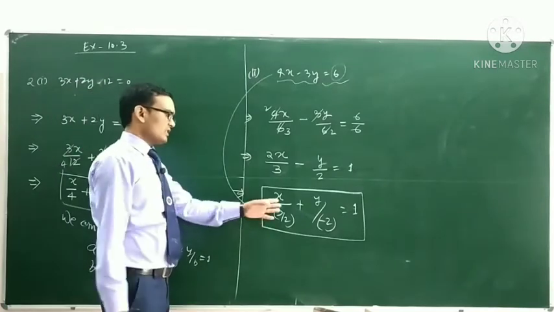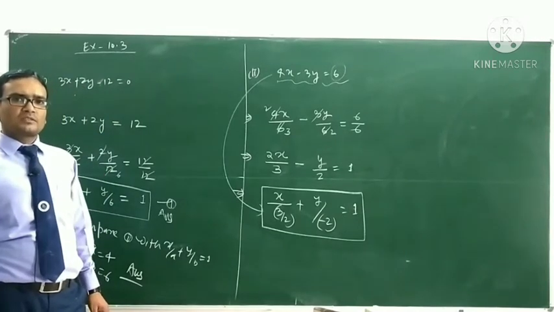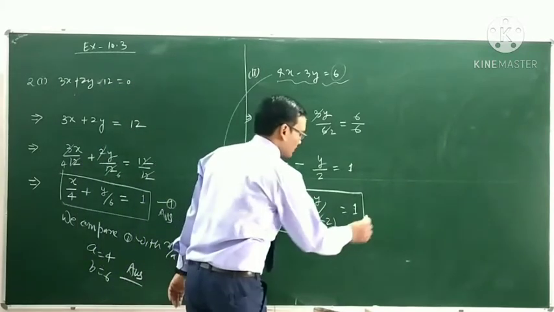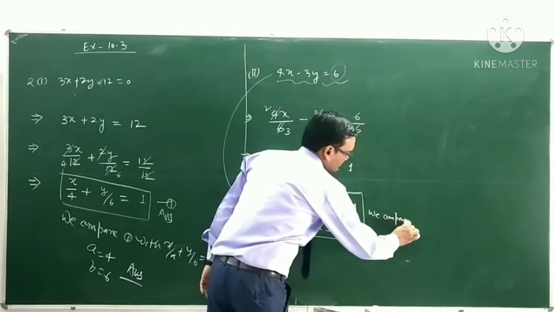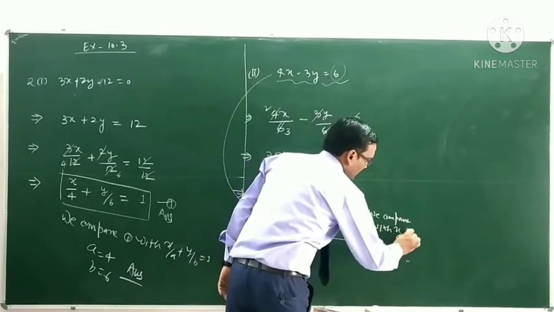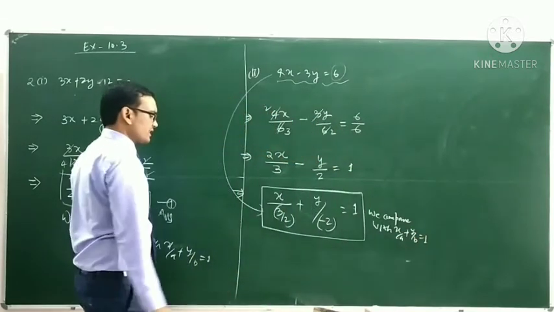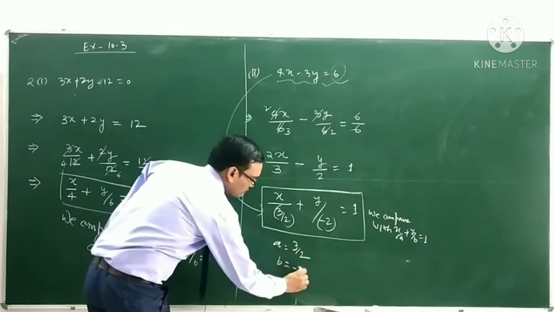We compare this equation with x by a plus y by b equal to 1 and we find a equal to 3 by 2 and b equal to minus 2.